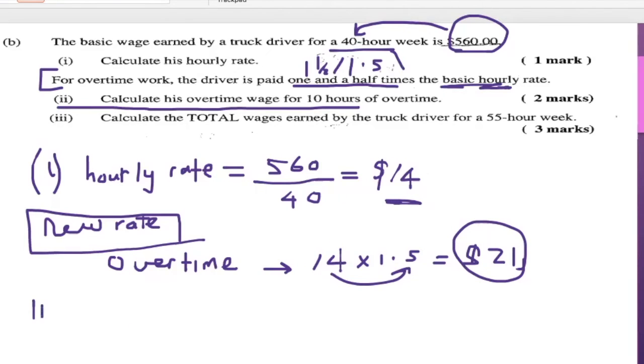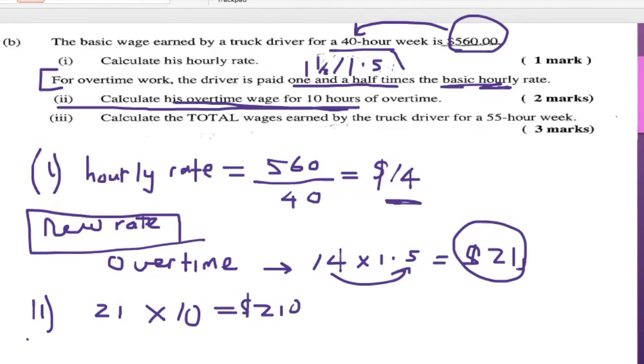So since part 2 states his overtime wage for 10 hours, to calculate for 10 hours, I will say 21 times 10, and that will give me $210. So that's the amount you will be paid for your overtime worked for 10 hours.